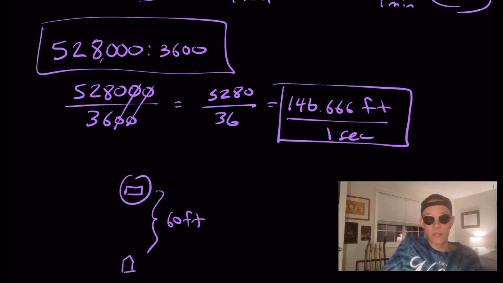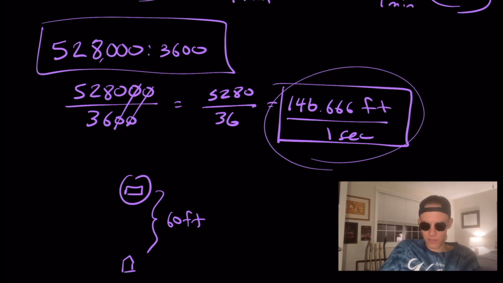How long is this ball going to take to travel from the mound to home plate? If you know how fast the ball is moving in feet per second and the distance is 60 feet, you're now in a position where you can figure out how long that's going to take.